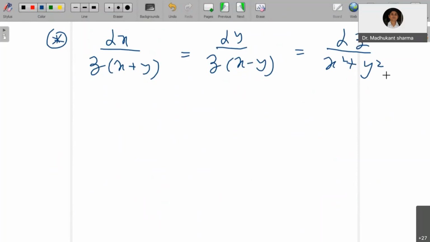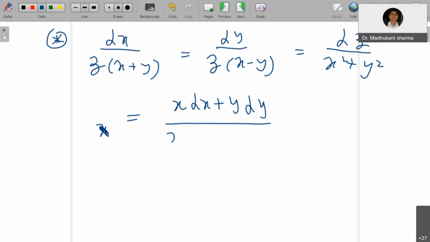Now, there are various ways to try. One way is I'm going to take x dx plus y dy divided by... if you multiply, what you will get? z times (x dx plus y dy), giving x square plus xy plus xy minus y square.